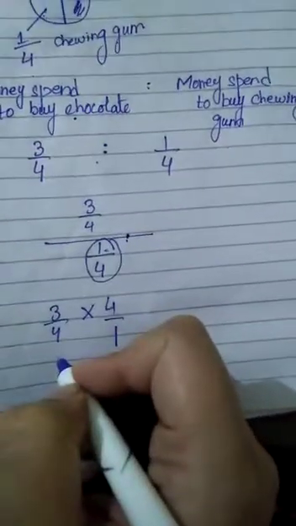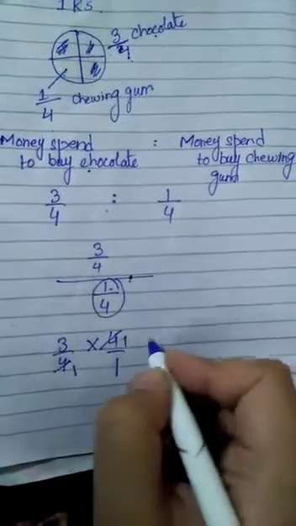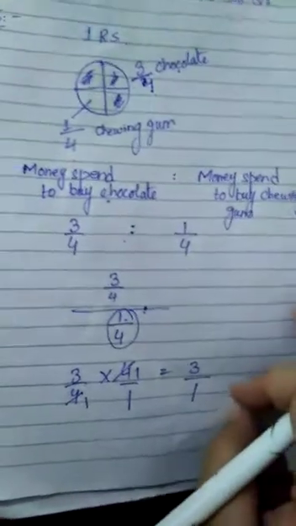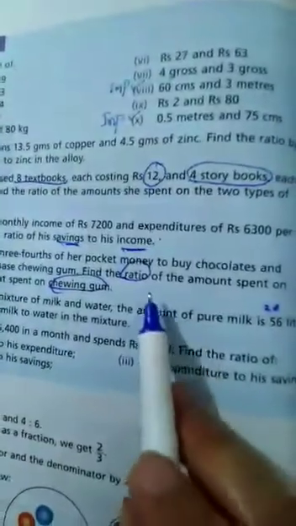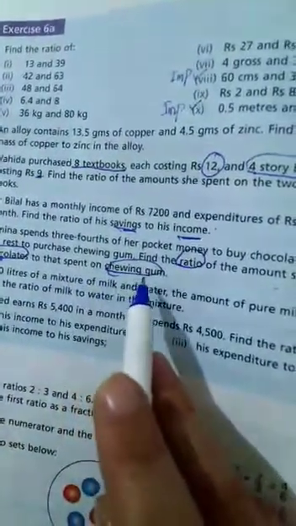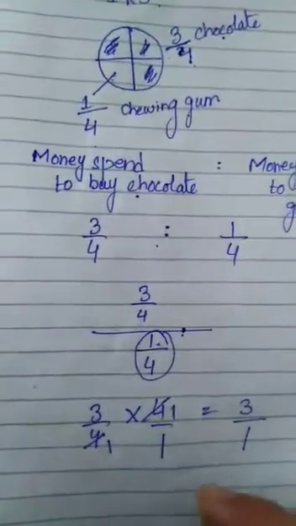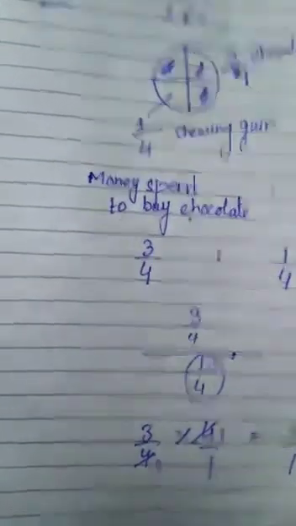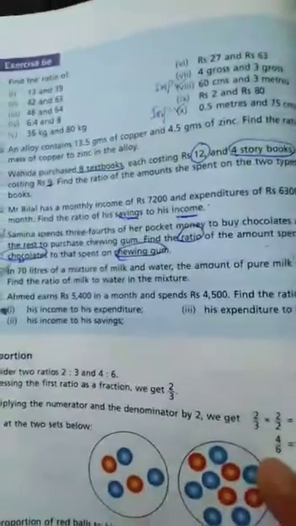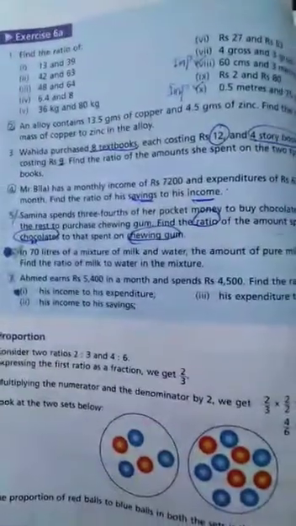In the next step you have to convert this ratio sign into a division sign. Whenever you convert the division sign into a multiplication sign, you take the reciprocal of the denominator. Now check if there is a possibility of cutting. Yes, 4 1s are 4, 4 1s are 4, so 3 1s are 3 and 1 1s are 1.